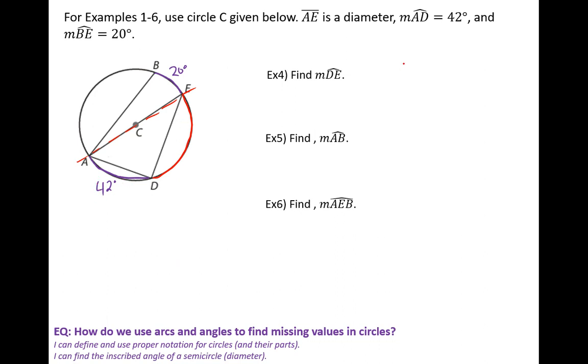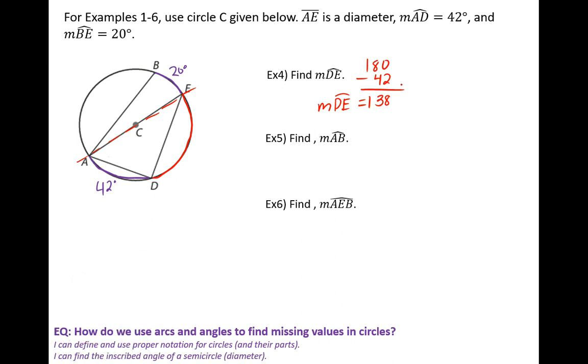To find the missing piece, I can do 180 minus the 42 degrees I know. And that will give me 138. So the measure of arc DE equals 138 degrees. Cool. All right.